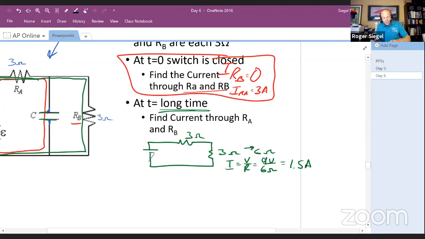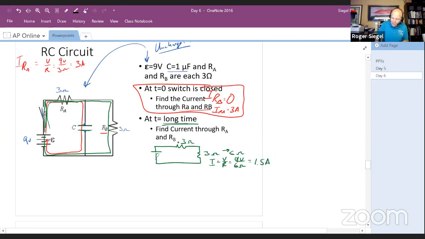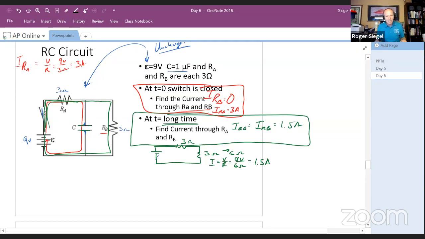Notice these two resistors are in series, so that's 1.5 amperes through each resistor. And so IRA equals IRB equals 1.5 amperes for a long time. And that's what we call a steady state problem.